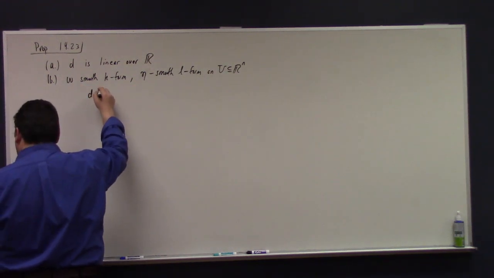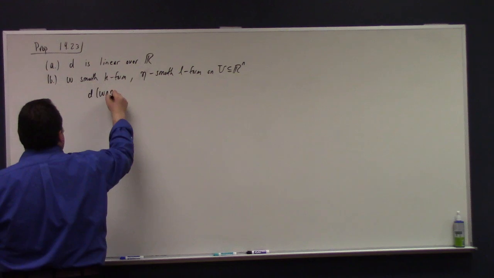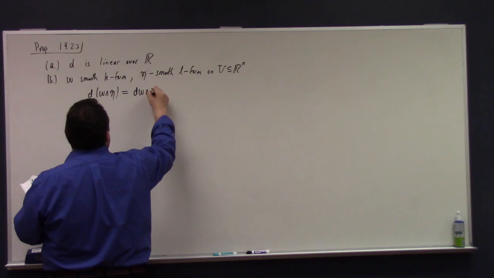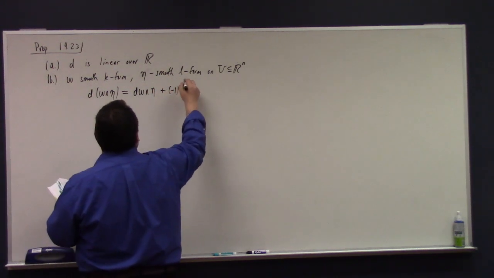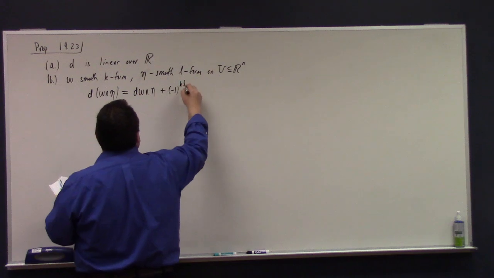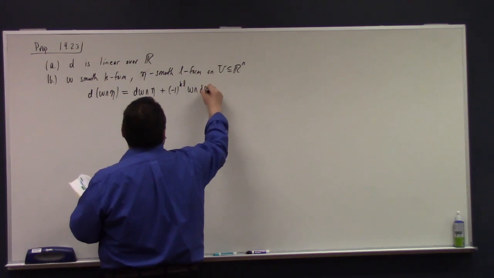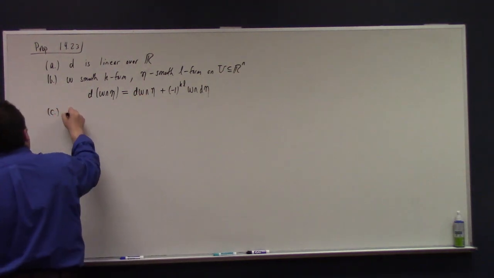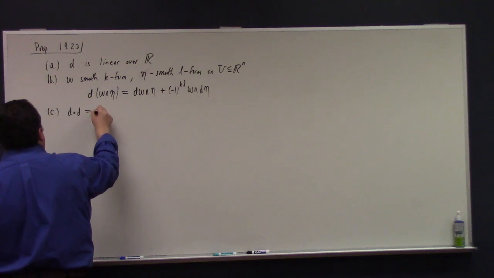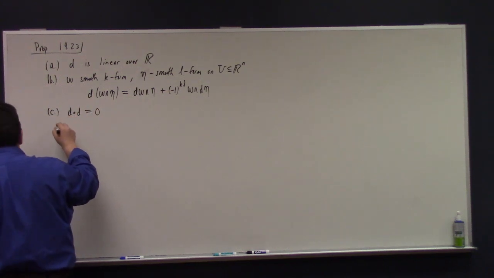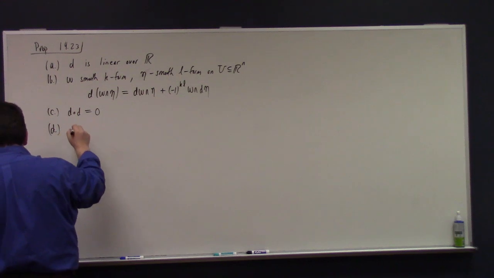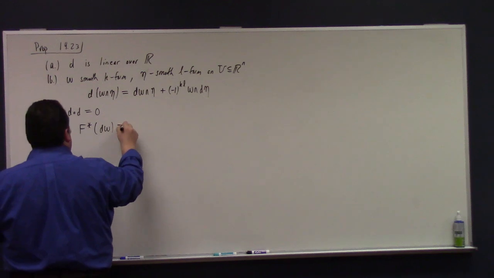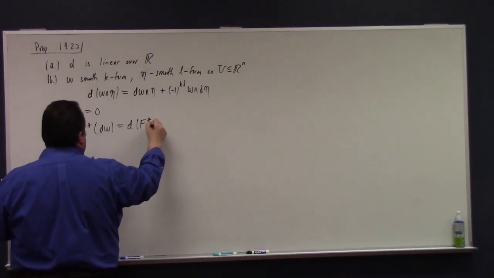Then you have D of the wedge product of omega and eta is d omega wedge eta plus minus 1 to the KL omega wedge d eta. And C, if you take D and compose it with itself, you get 0. And part D, the pullback of d omega is D of the pullback of omega.